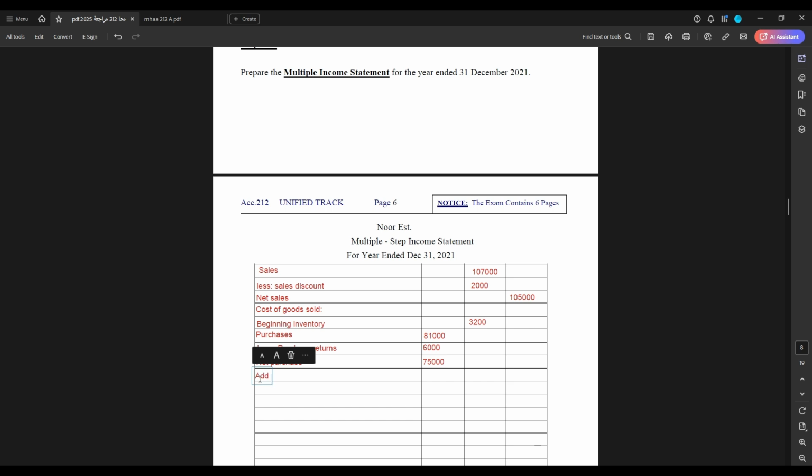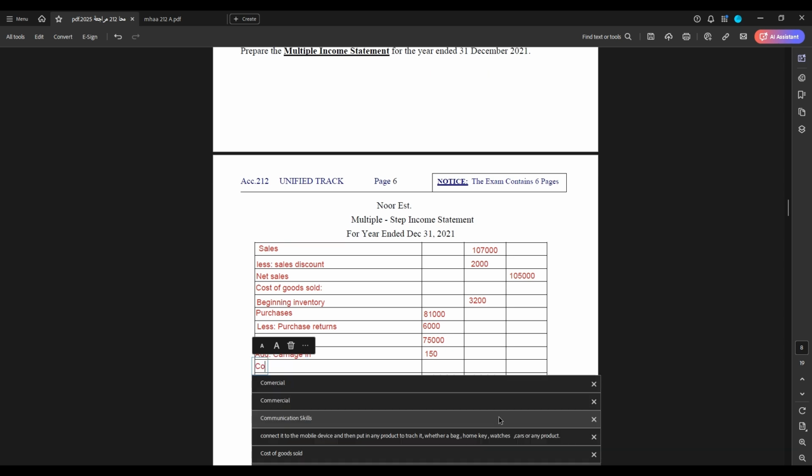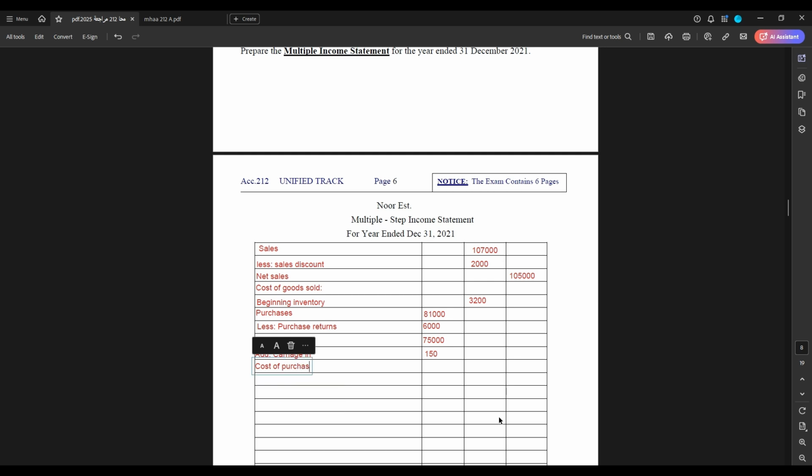So add carriage in of 150 will equal cost of purchase. 75,000 plus 150 will equal 75,150.